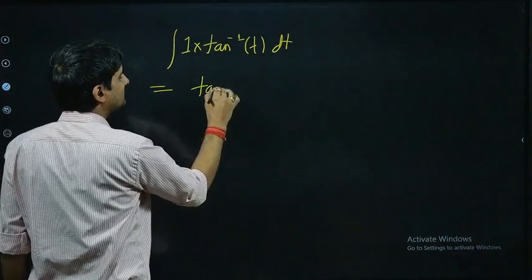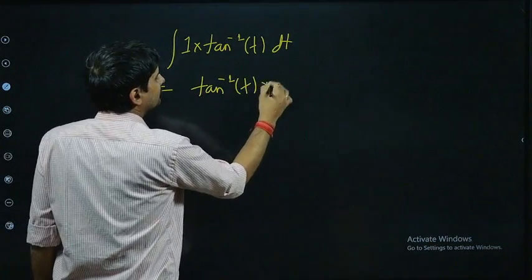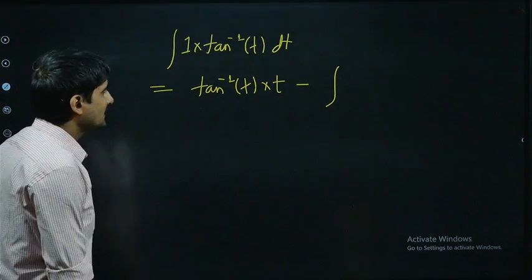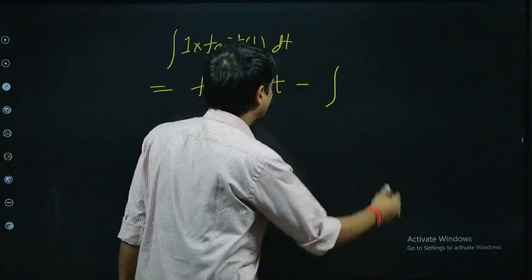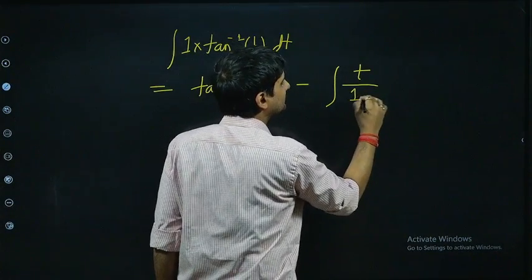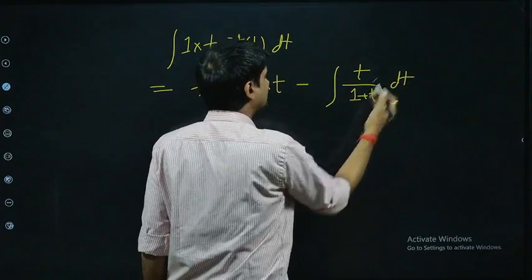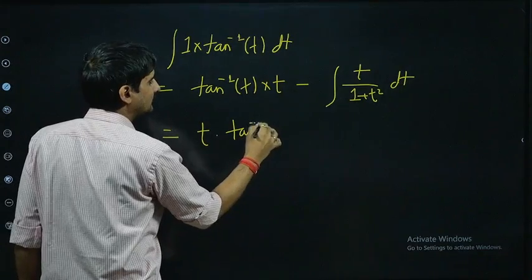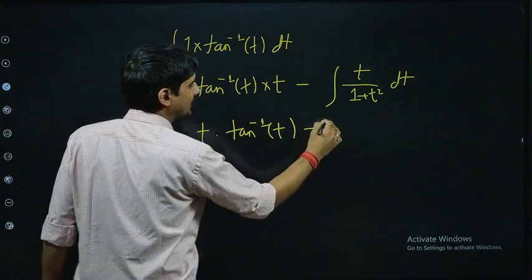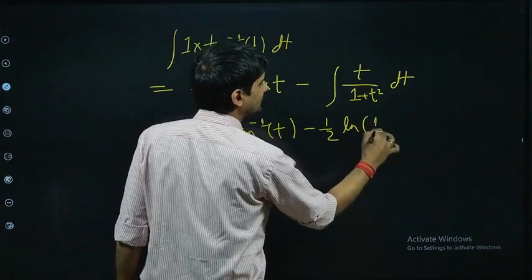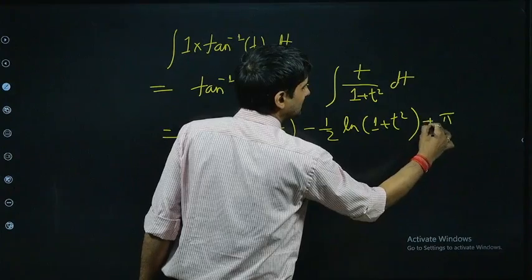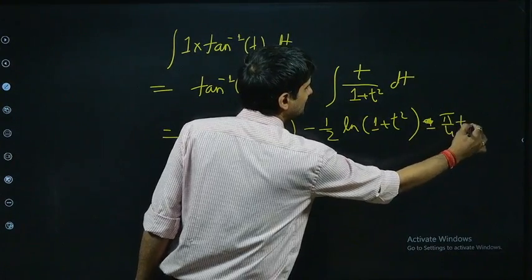So first function into integral of second function minus, and then we have t by (1 plus t square), the derivative of the second function. So we got it. It's t into tan inverse of t minus half times ln of (1 plus t square), plus, I think that was minus pi by 4 into t plus c.